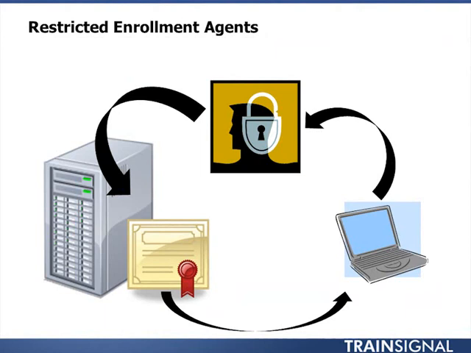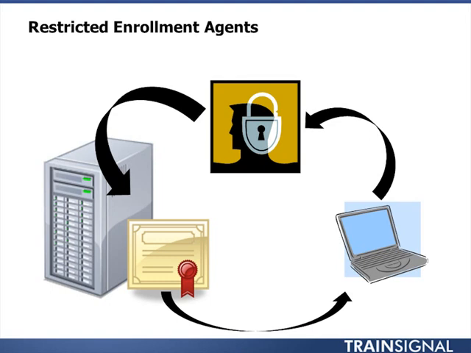To support that scenario, I can create something called a restricted enrollment agent. The idea of an enrollment agent in general is that I can assign to someone the permission to create certificates on behalf of other users. In the past, though, that was an unlimited sort of thing. I can give somebody the ability to create any certificates they want for any user, but I couldn't put any limitations on it.